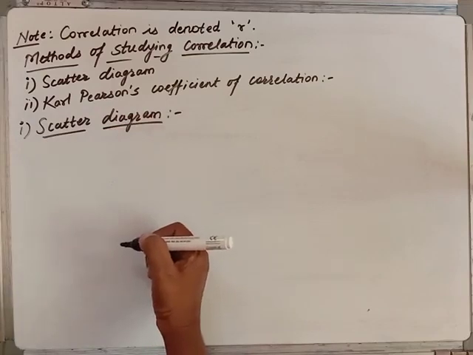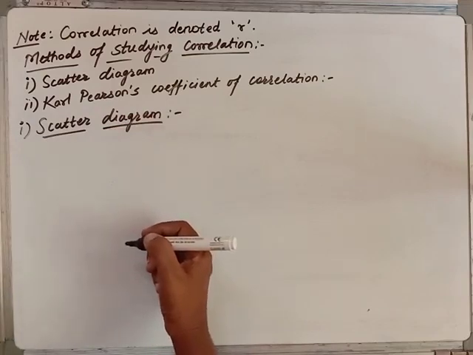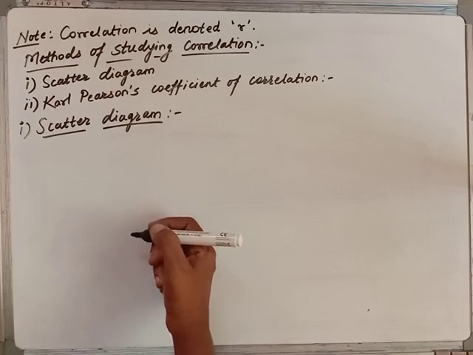Scatter diagram. Now what does this method do? Obviously it is a diagram, meaning we have to plot a graph. As we are learning about the relationship between two variables, we can easily plot them in our xy plane.